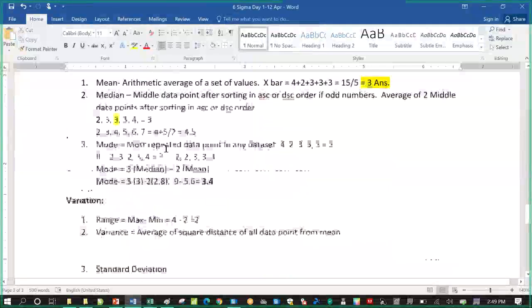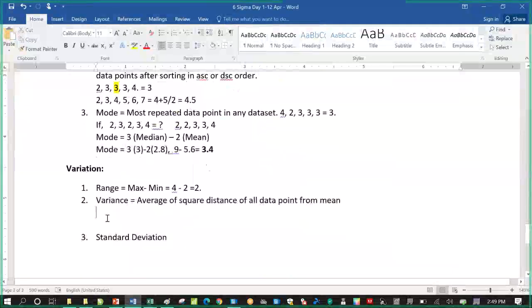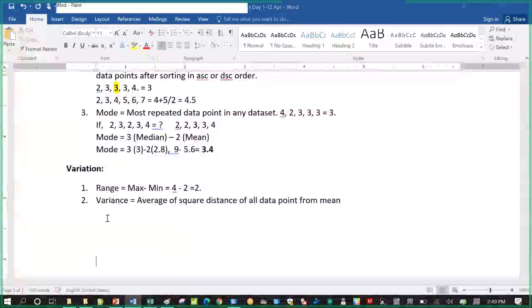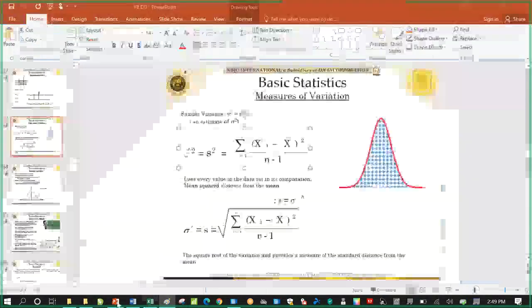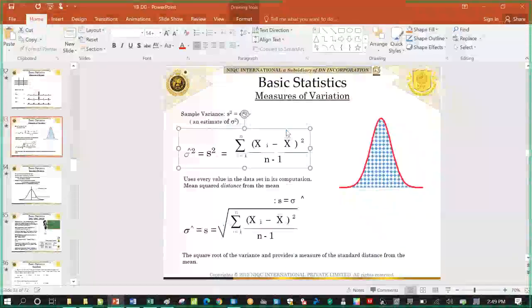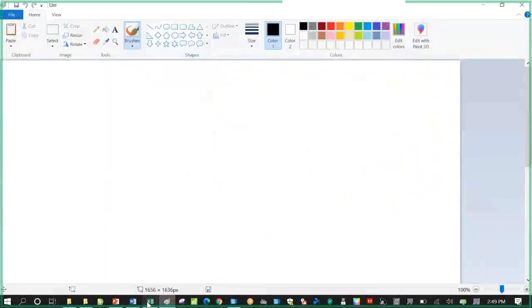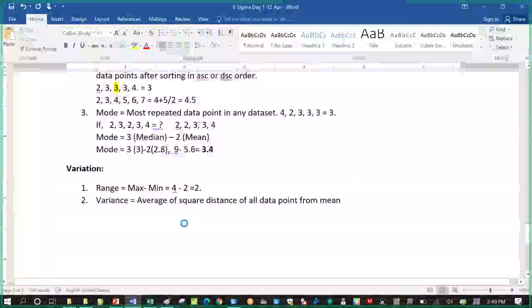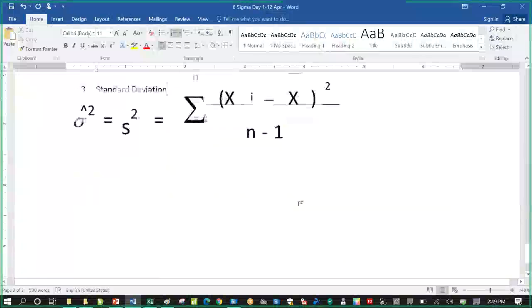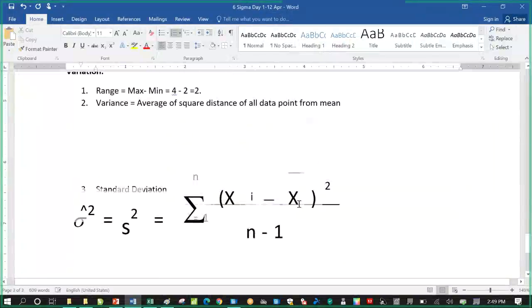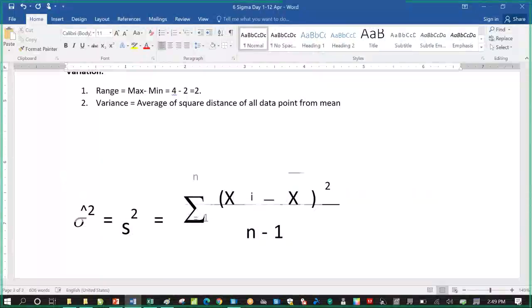The formula looks so scary. It's very easy.